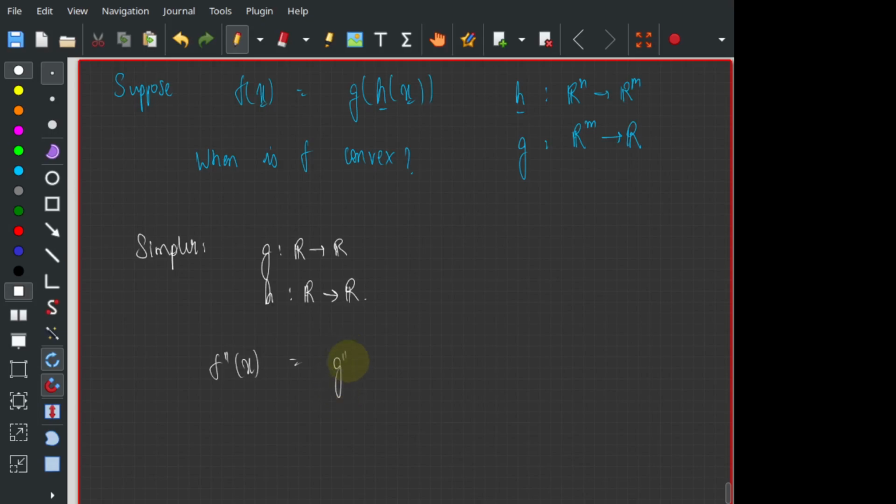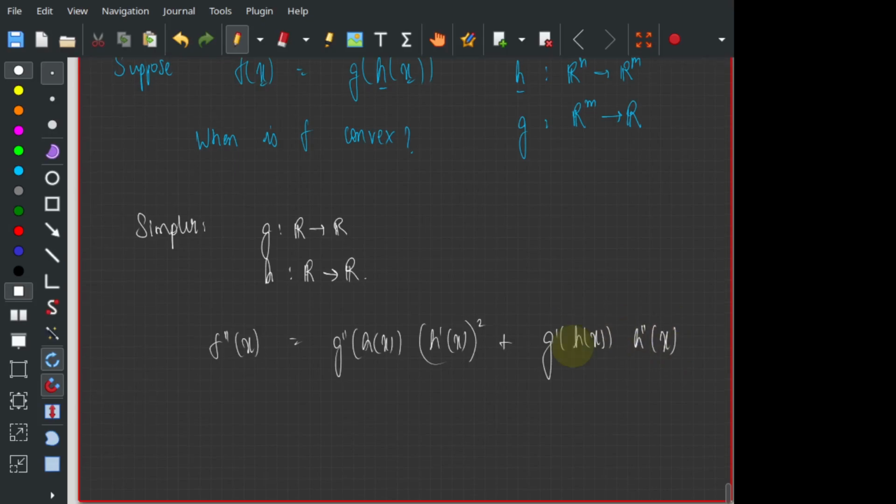Okay, so second derivative of g evaluated at h of x times h prime of x whole square plus g prime of h of x times h double prime of x.